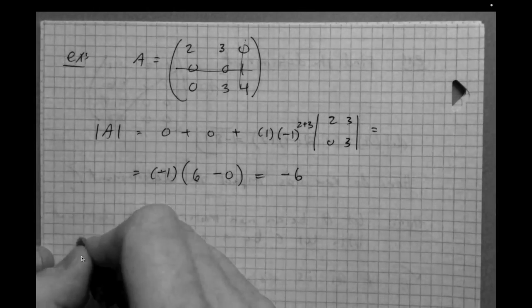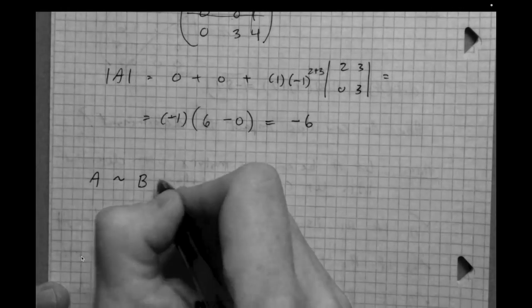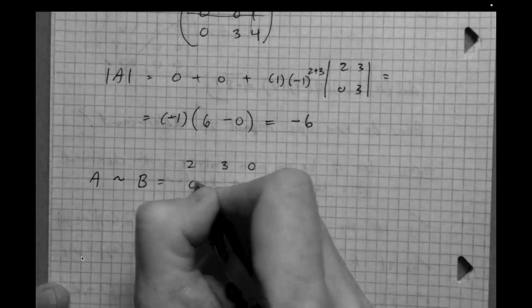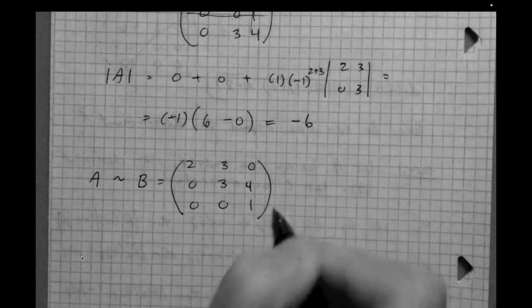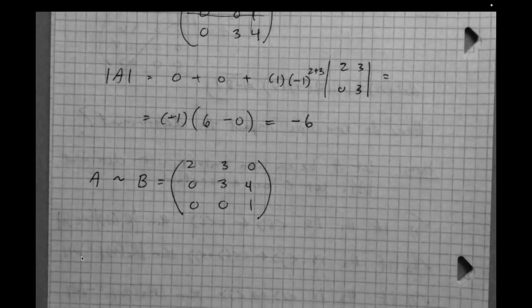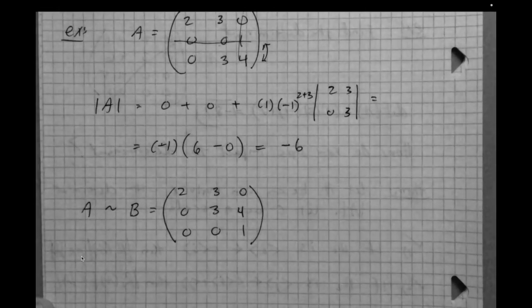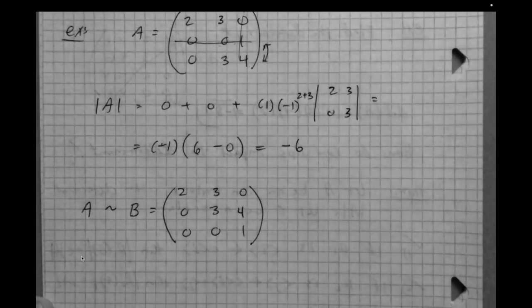But notice that A is row equivalent to B, where B is equal to [2, 3, 0; 0, 3, 4; 0, 0, 1]. What have I done to A to get this? Well, I just swapped rows 2 and 3. I made the 0, 0, 1 down at the bottom and the 0, 3, 4 in the middle.